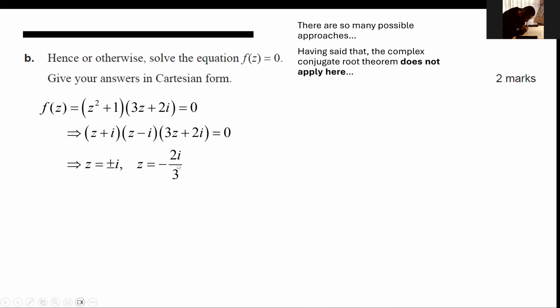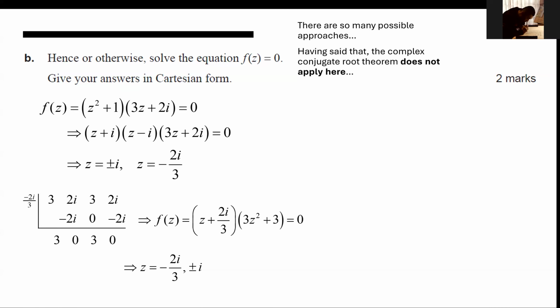If you derive another solution, z equals 2i over 3, that's not the case, because we don't have another conjugate linear factor after 3z plus 2i. Therefore, z equals minus 2i over 3 stands alone.